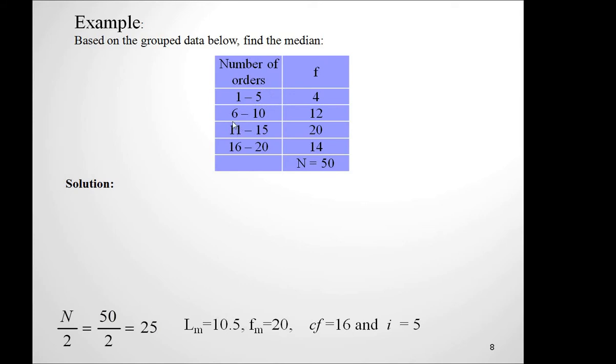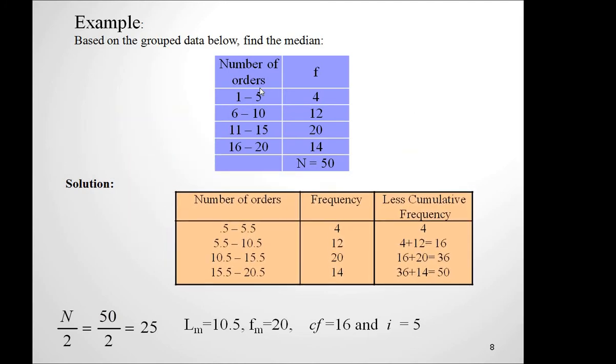In this case, the value of d is 1. So d by 2 is 1 by 2 equal to 0.5. We subtract 0.5 from the lower limits and add 0.5 to the upper limits. So we get class boundaries like this.